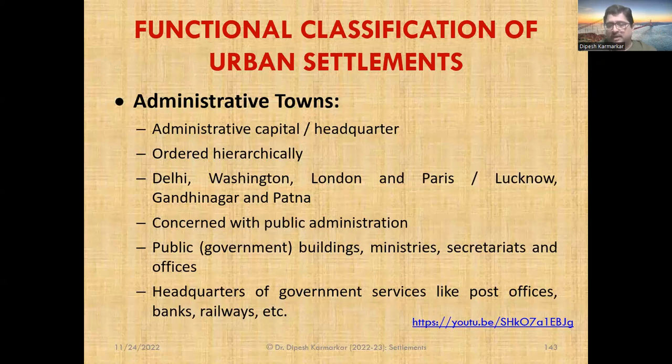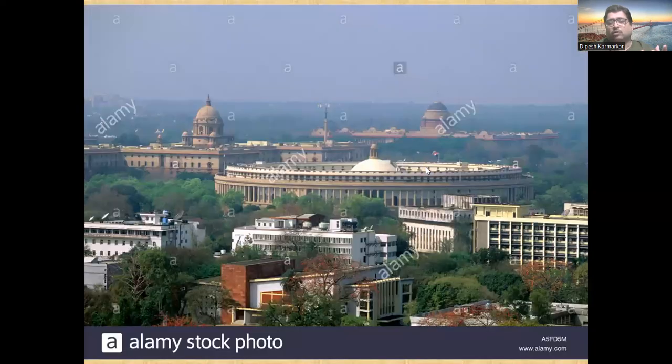So, for example, in the case of a national capital like Delhi, what we see is the parliament located there, and other very significant buildings of national administrative importance located there.